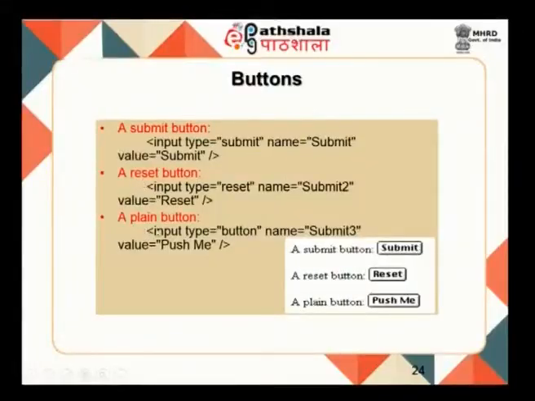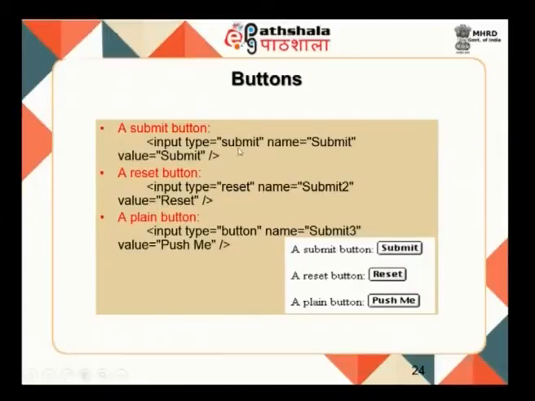And to create buttons, we have a submit button, a reset button or a plain button. Any of the buttons can be created using the input tag. So, here you can see input, type equal to submit and name equal to submit, value equal to submit. So, the type of the button is going to be submit.